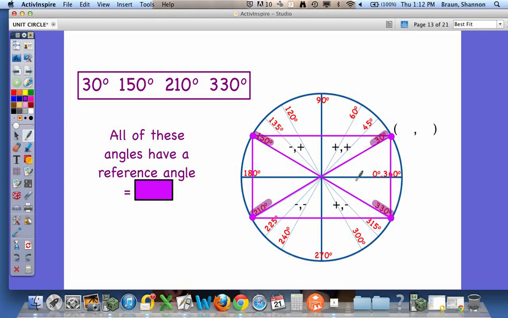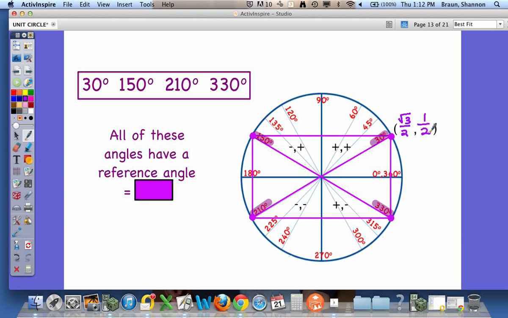So what do you suppose the coordinates are for all of those points? The same, except we have to remember what quadrants we're located in and whether x or y is positive or negative. So they're all going to be radical 3 over 2 and 1/2.